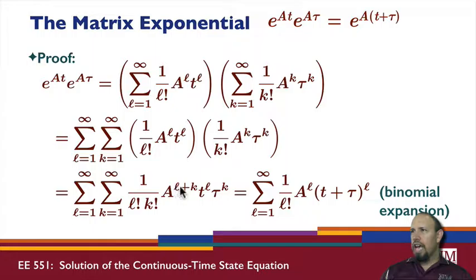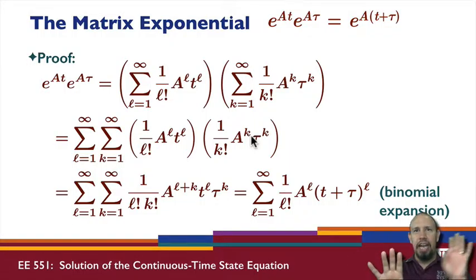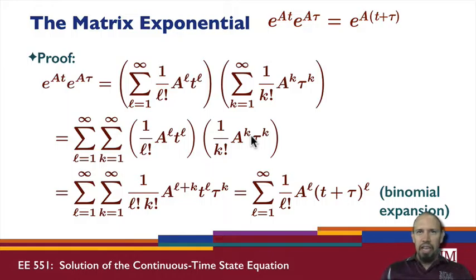Notice A gets raised to the power k plus l, because if I have A multiplied by a power 3 and A multiplied by the power 5, it's just A times A times A times A times A, and so I can combine those exponents in the product of A. t is a scalar, tau is a scalar, so I leave those alone.